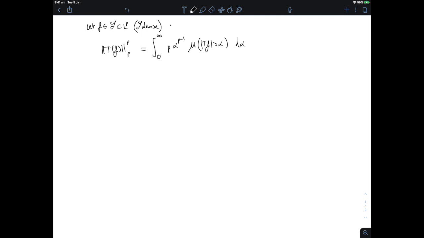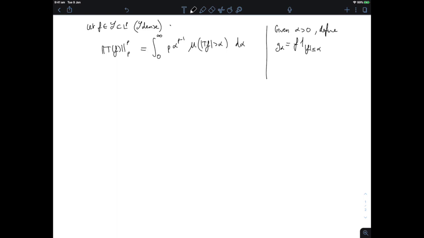Now, what I'm going to do is cut f into two pieces. One piece where f is large and one piece where it's small. So given alpha, I'm going to define g_alpha to be f times the indicator function of the set where |f| is smaller than alpha.